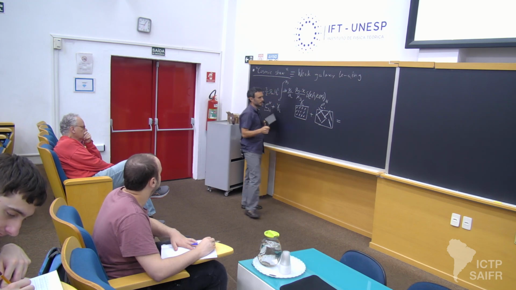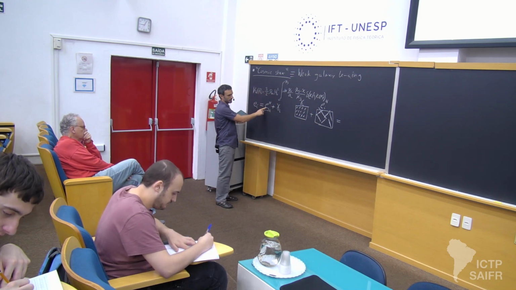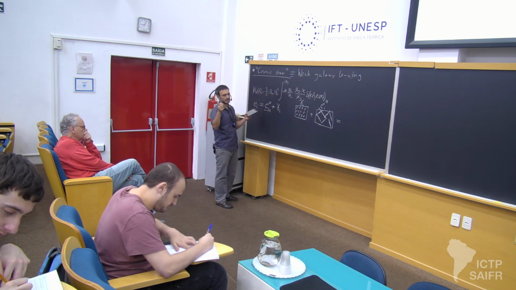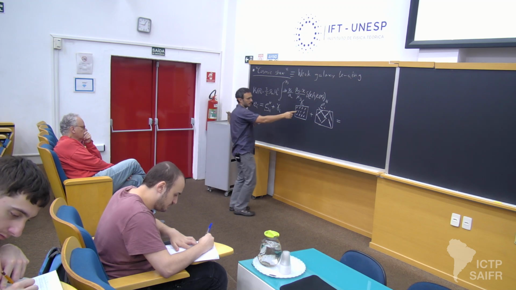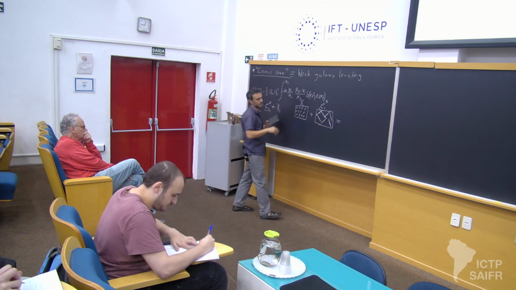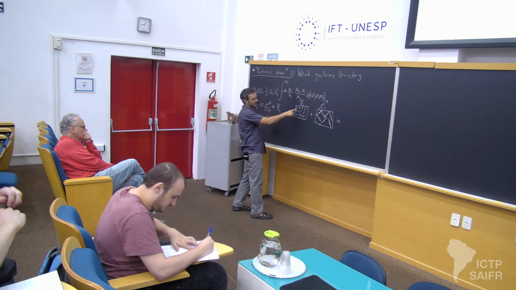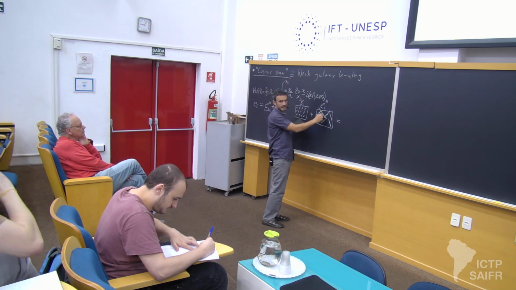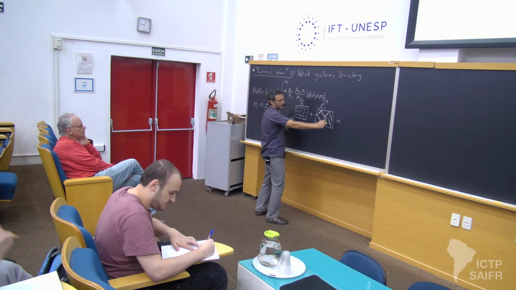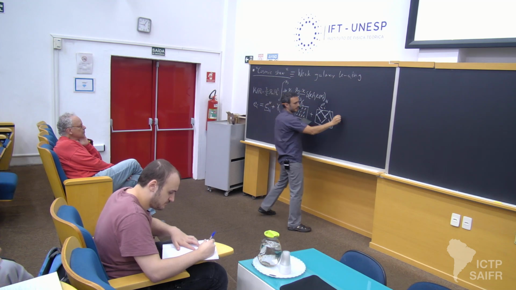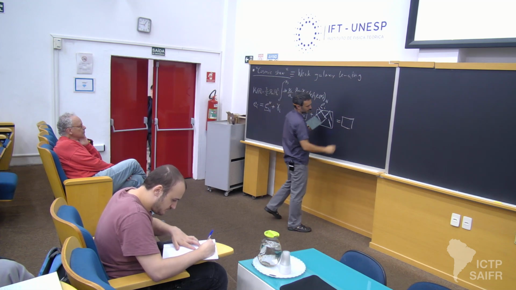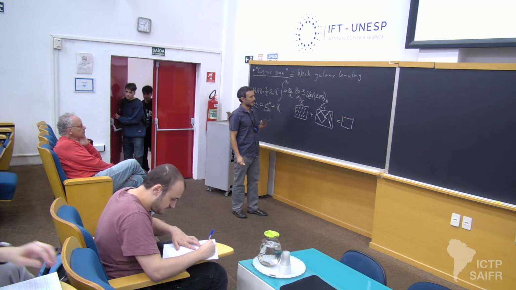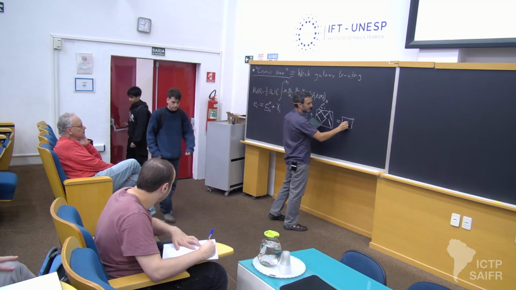So the main assumption is that the intrinsic shapes of galaxies are uncorrelated. The shape of a galaxy here, and here, have nothing to do with one another. And the only thing that will correlate them is the cosmic shear. So what you do is you say, okay, I'm going to try to average down this noise by taking an average over all these galaxies and getting a single measurement of the shear effect at the center of this pixel, let's say.